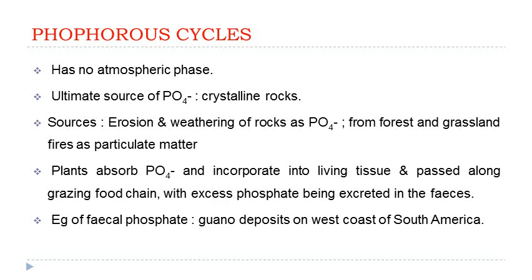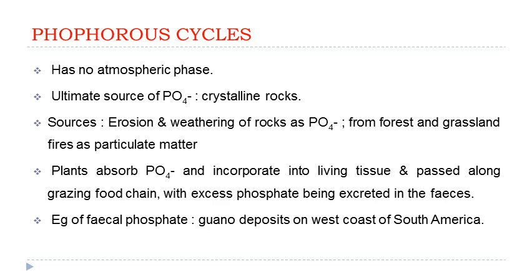When these plants and animals die, or when the animals excrete, these phosphates may be released into the soil, and are acted upon by the detritivores, the microorganisms, which break down these compounds and release them in the soil. Now, these phosphorus containing compounds may reach the water, and the cycle may continue.